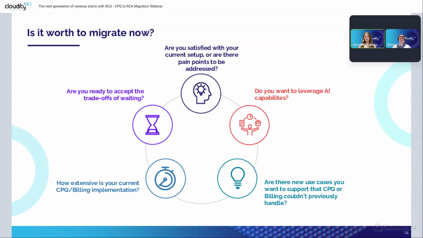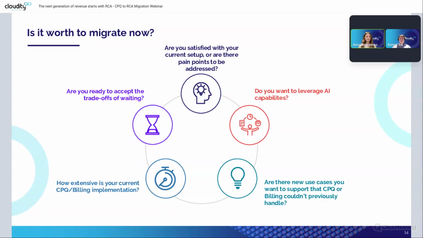And for the billing use cases, for example, Salesforce billing was a good product, but it was pretty simple, pretty straightforward with very limited customizations. And now RCB can handle much more advanced use cases, right? For example, consumption-based products are just handled much better.